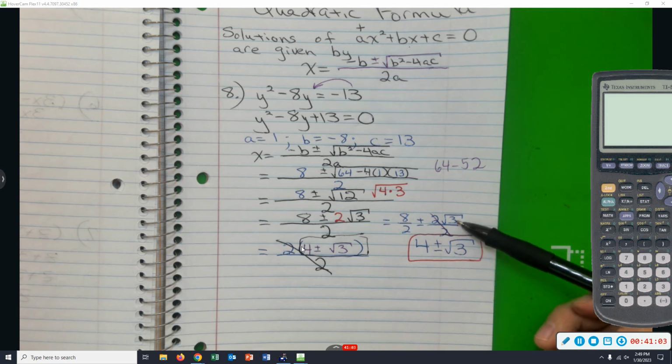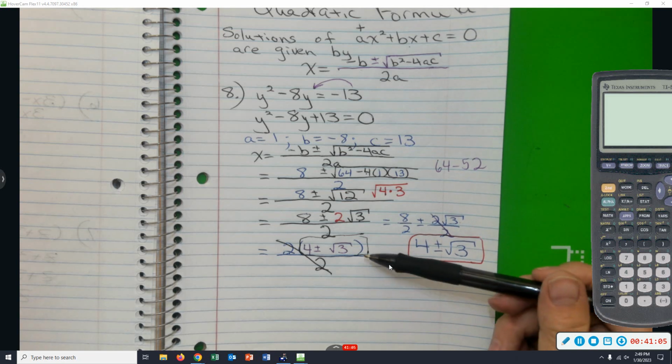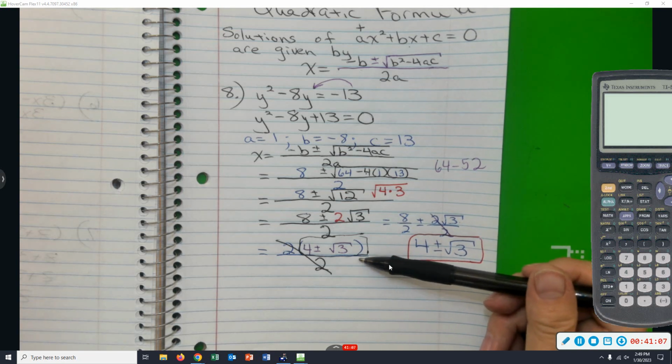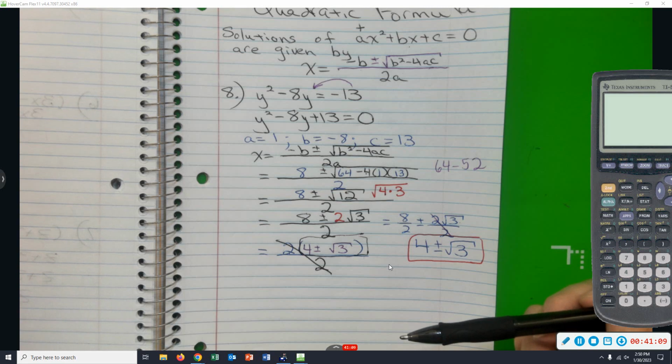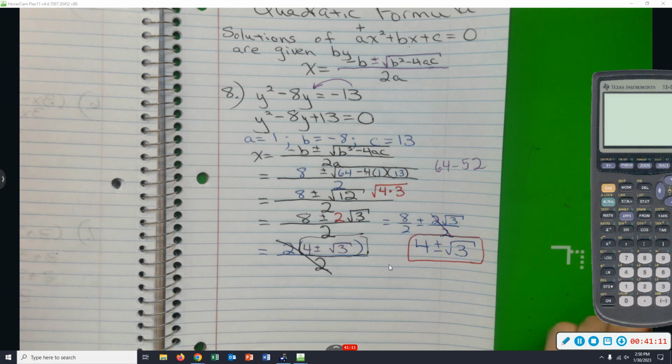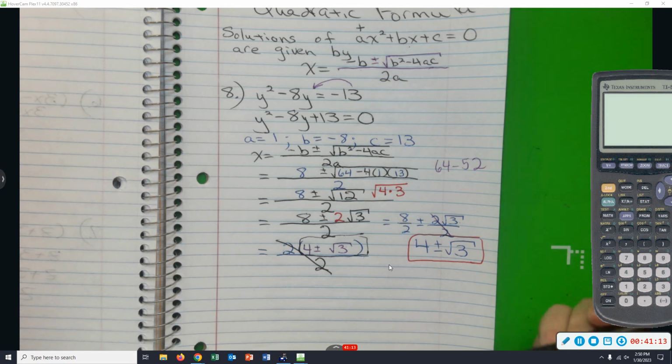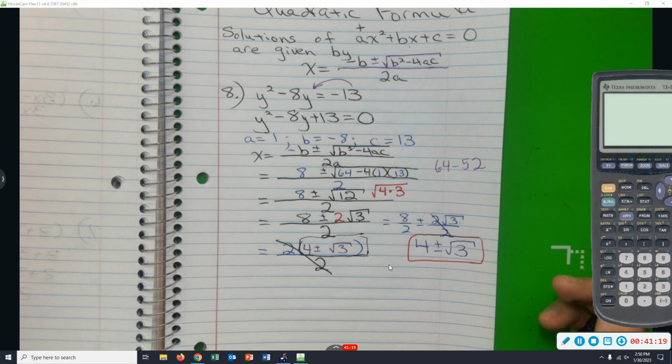If you split up, your answer may look different than if you factor and cancel. And if you're viewing an example, they may be splitting up to reduce, and you may be factoring and canceling. So your answers could look different, but they're still equivalent answers, and my lab would accept it.